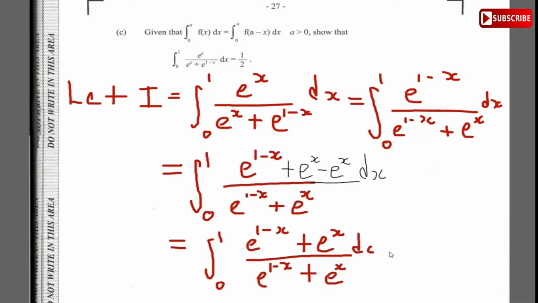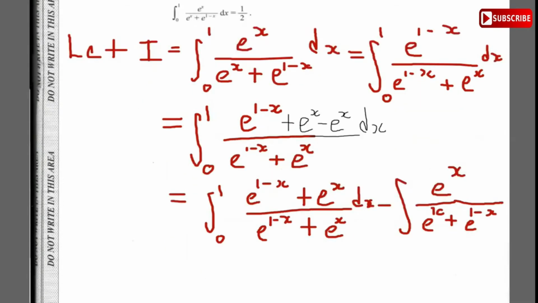Then we're going to have a minus the integral of, separate it as two different integrals. Minus the integral of e to the x over, no, instead of writing the denominator this way, I'm going to rewrite the denominator as e to the x plus e to the 1 minus x. Yeah, because addition is commutative. So I don't have to write it as e to the 1 minus x plus e to the x. I can flip it.